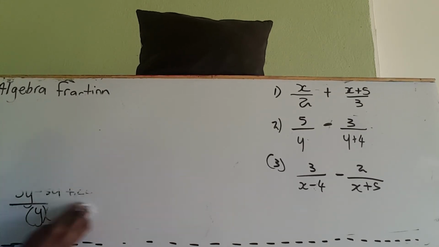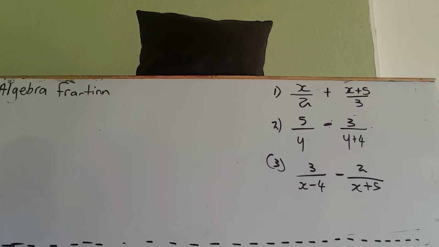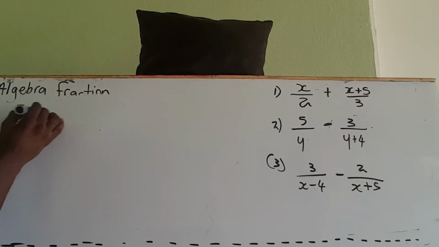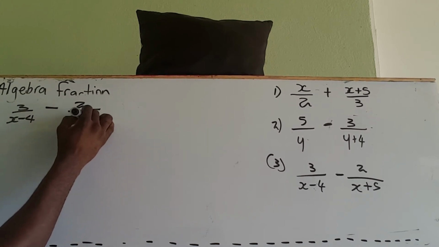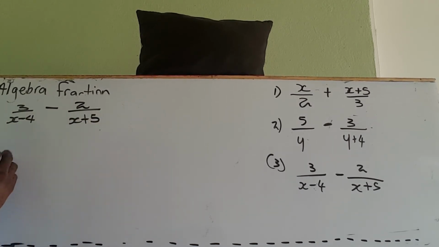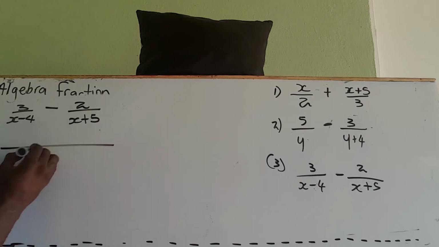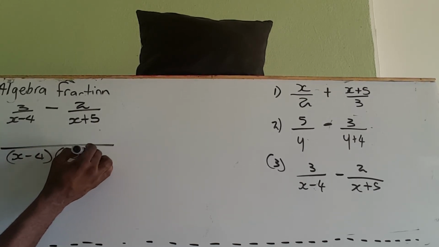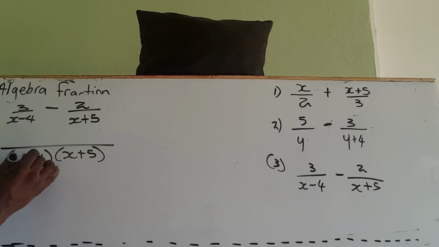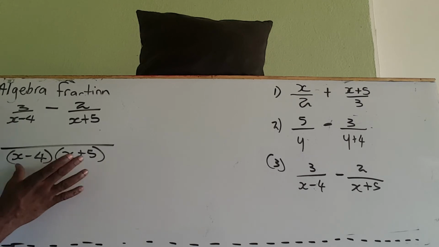Alright, so there are times when the binomials will come under your denominator in the 2 fractions. So we have 3 over x minus 4, and we are subtracting 2 over x plus 5. Again, when we get the binomials, we could use them as our LCM, and we're not going to expand out these.